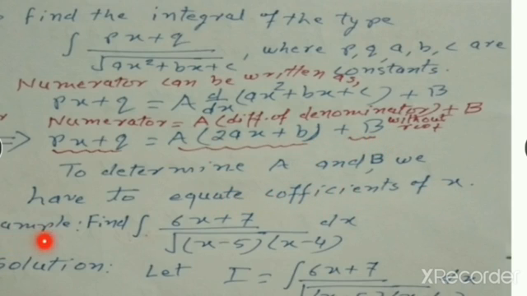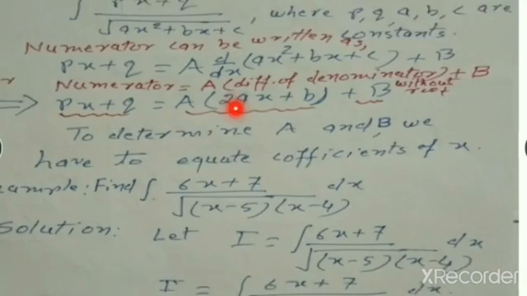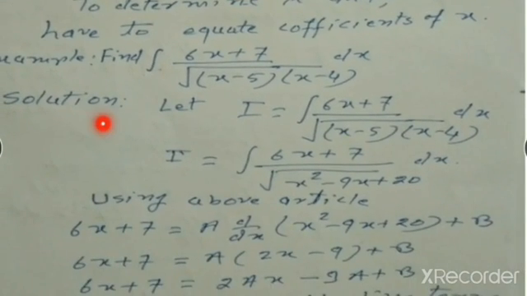Refer to this example. Find the integration of (6x plus 7) upon root of (x minus 5)(x minus 4). See, it's the solution part.